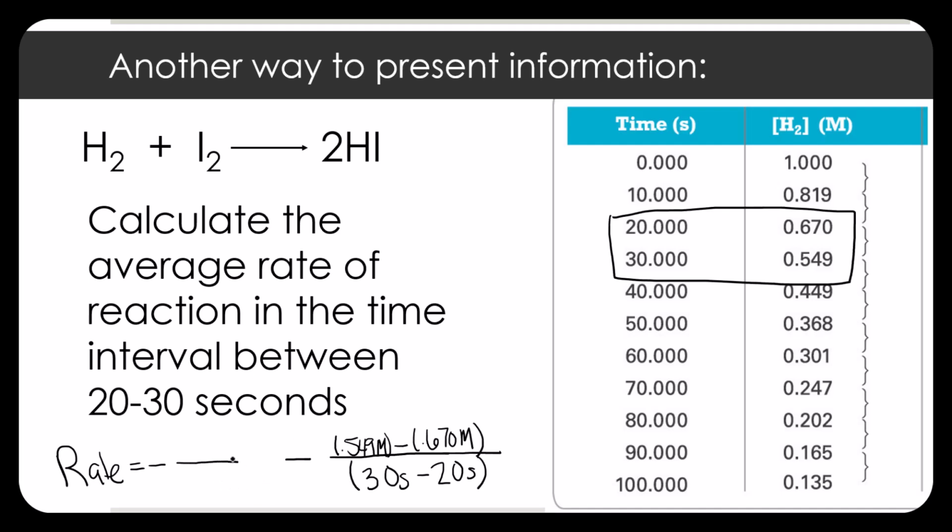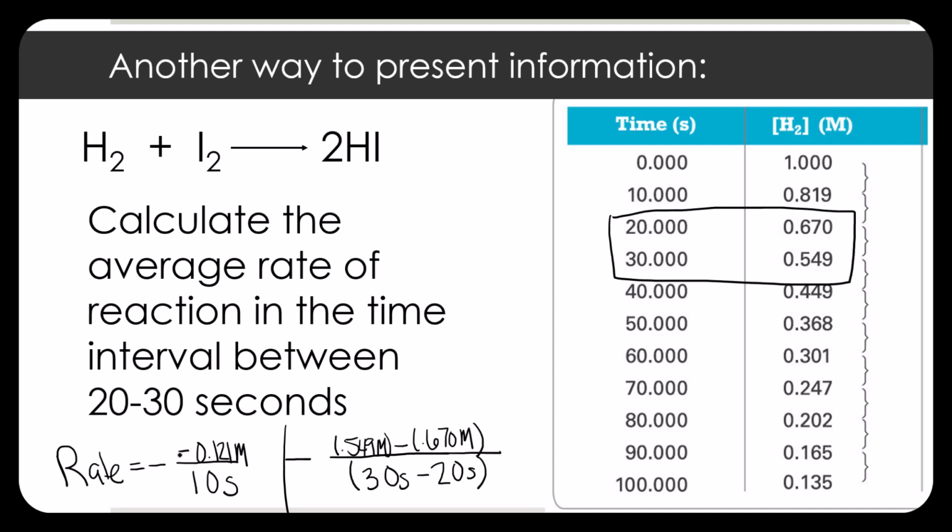Now we're just going to plug those numbers into our calculator and chug our way through them. So on the top, I've got 0.549 minus 0.670. That gives me a negative 0.121 molar. And then on the bottom, I've got 30 minus 20. So that's going to give me 10 seconds.